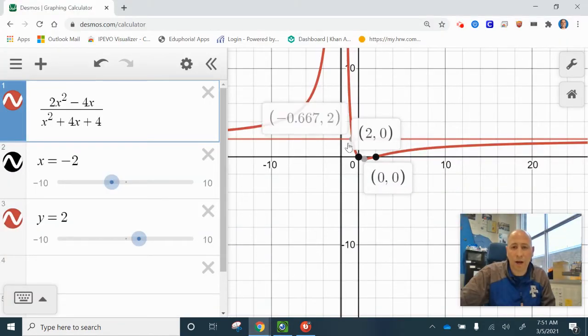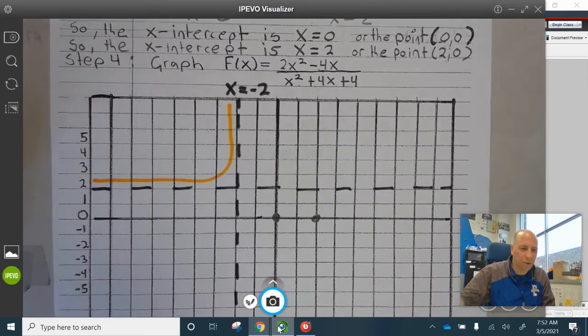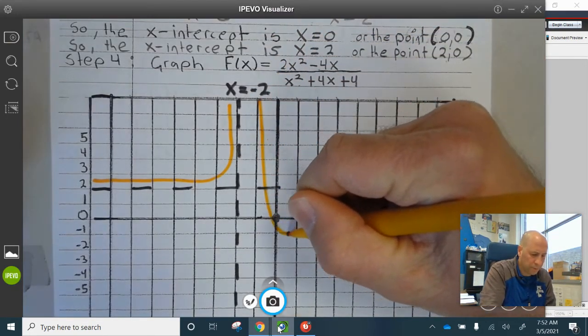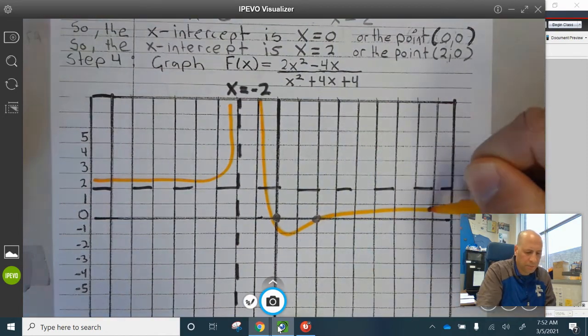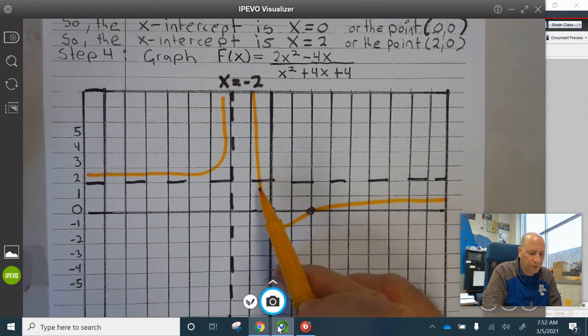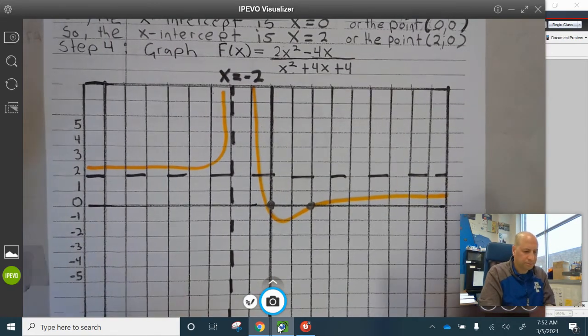And this is odd, it actually goes through the asymptote, but it happens sometimes. So it actually goes through here, back up there. It's a unique case, but sometimes a curve can actually go through the asymptote.